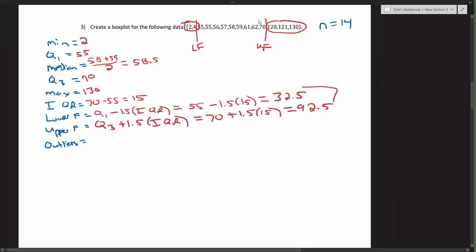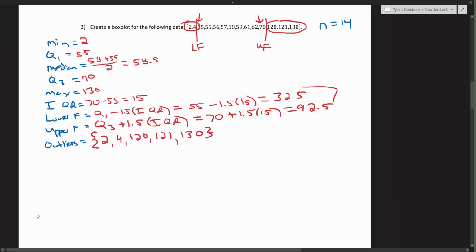I'm going to stop my right whisker at 70, and my left whisker at 55, because those are the smallest and biggest numbers that are not outliers. For my outliers, I would list 2, 4, 120, 121, and 130.